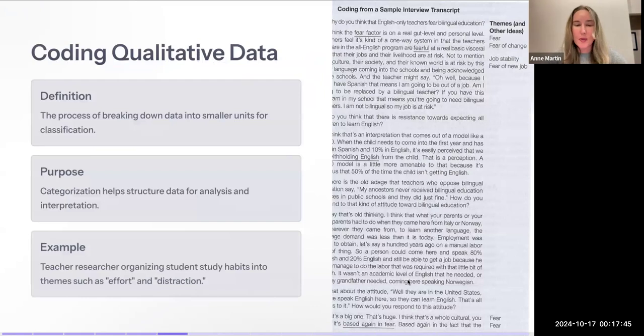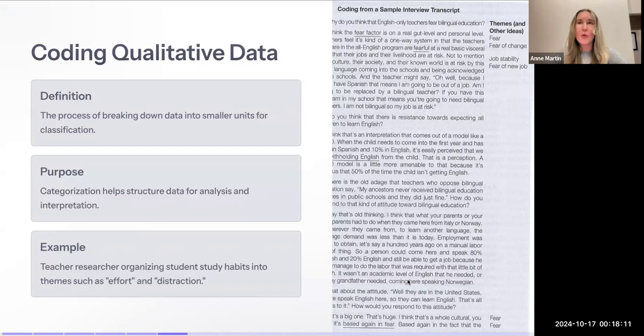So I wanted to spend some time talking to you about coding. Coding is a method that qualitative researchers use to identify the contents of a large piece of text. So you're breaking down the data into smaller units that you can use to further classify and sort the data.